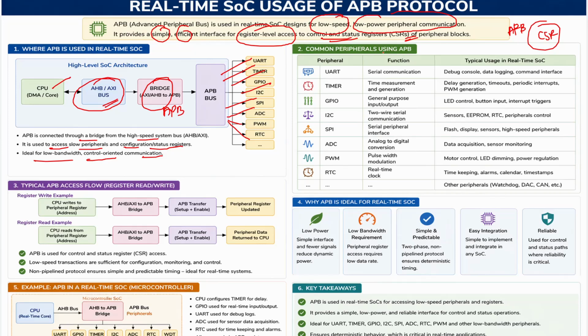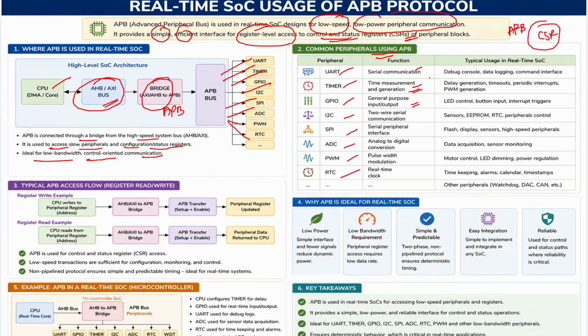See, common peripherals used in the APB protocol. What are the common peripherals? UART, timer, GPIO, I2C, SPI, ADC, PWM, and then real-time clocks. Okay, so UART is a serial communication protocol, and timers we need to measure time and generate the clock, for that purpose we use timers. GPIO is general-purpose input output.